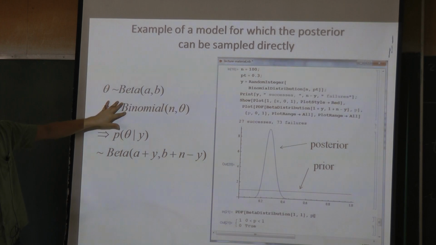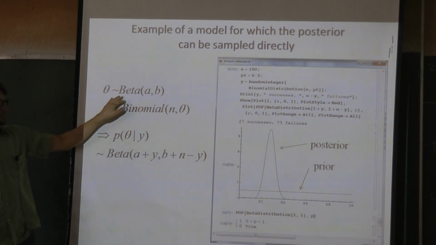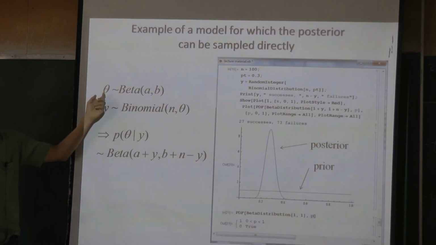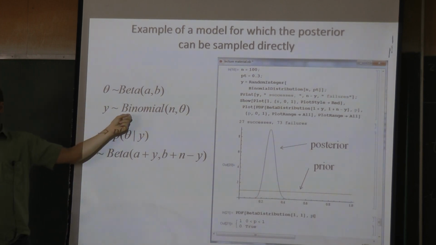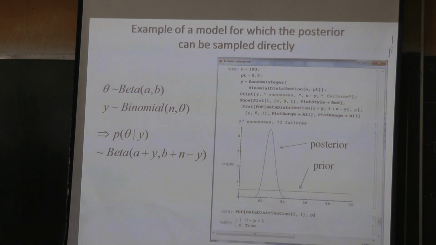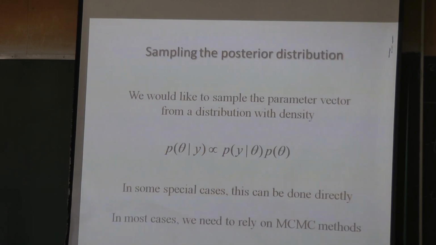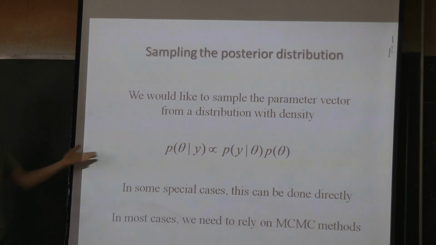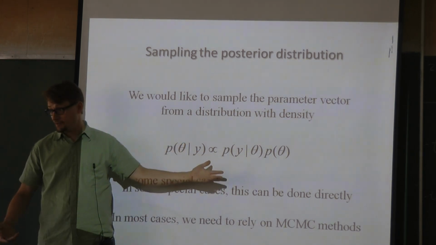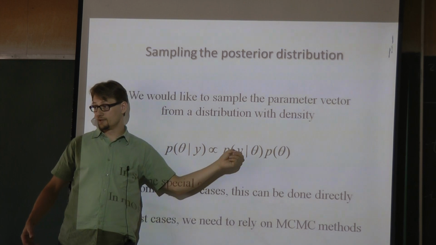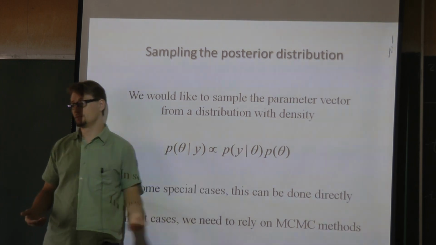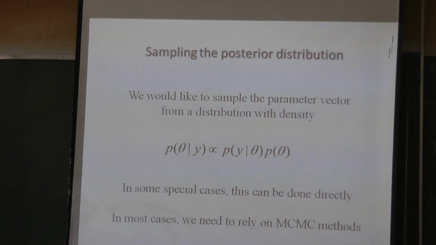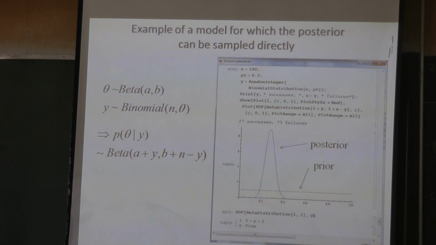Now, if you make these assumptions that theta is beta distributed with some parameters, that's your prior, and then your likelihood follows this binomial distribution. If you just write down all those densities, the density of the binomial, the density of the beta, and you work out how this looks, if you like, it's a simple exercise. I'm certain you can do it yourself. You will observe that what comes out also has the form of the beta distribution.